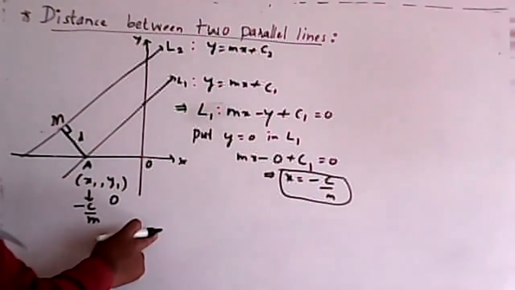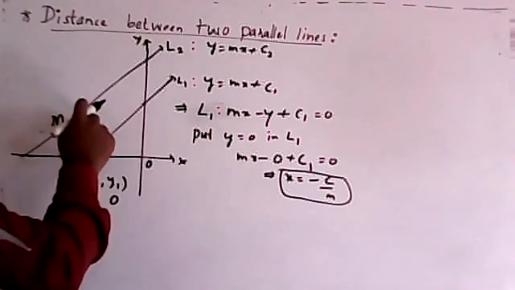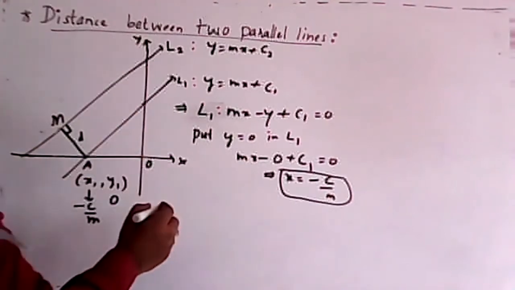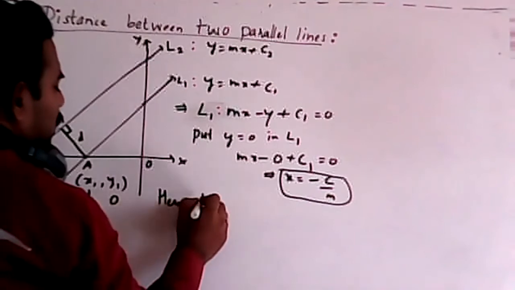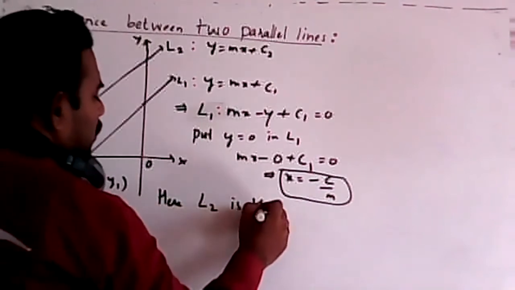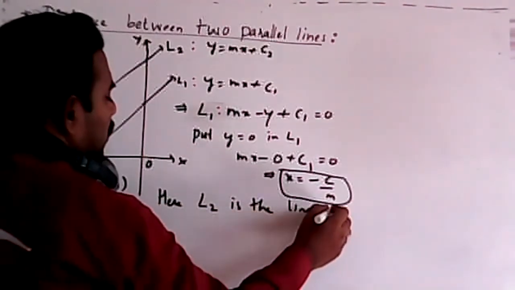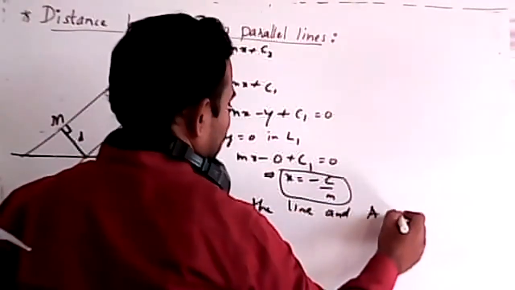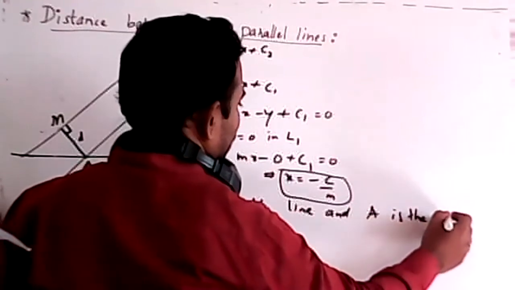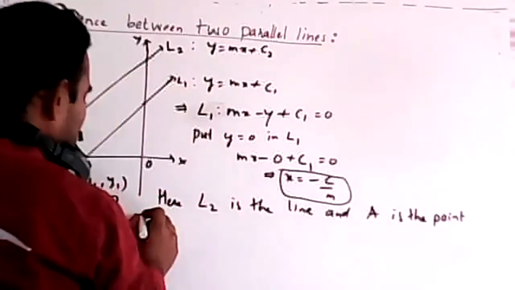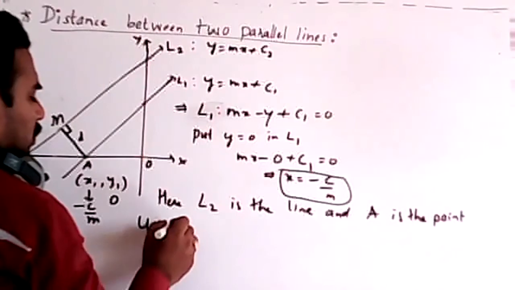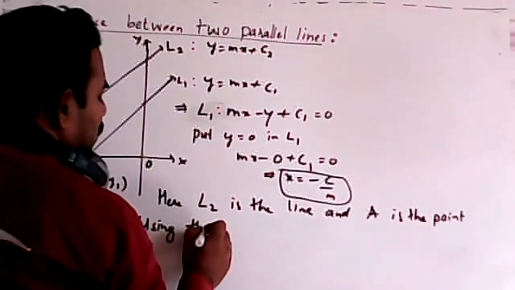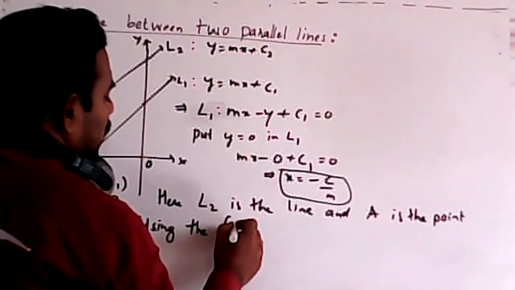Now our question is: L2 is the line and A is the point. Let us use the formula.